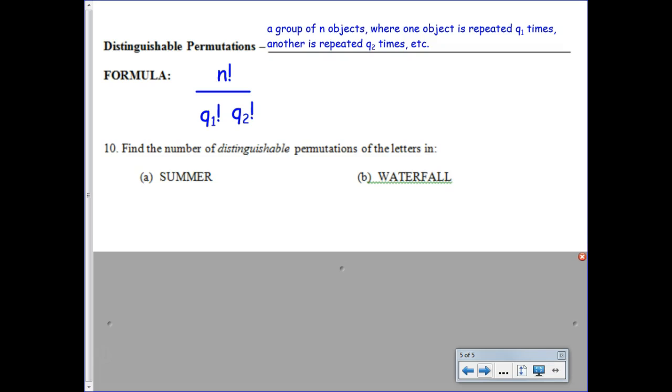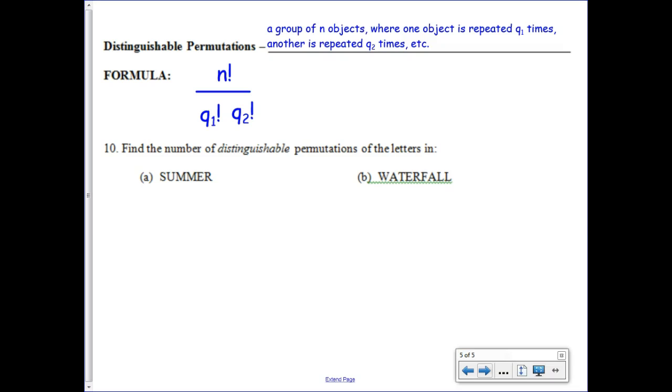It says find the number of distinguishable permutations of the letters in summer and in waterfall. What that means is we have all these letters that we could rearrange in any number of ways. But if you have an M in one spot, it's not going to look any different than the other M, since there's 2 M's in summer. So we have 6 different letters, but our M's repeat, we have 2 of them.